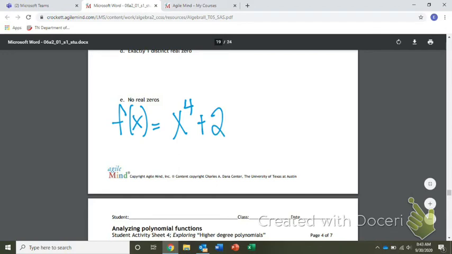It has 4 zeros, but, or not 4 zeros, it's a 4th degree polynomial, because it has 4 x's, but if you were to graph that, you would see it has no real zeros, so it does not cross the x-axis where you can actually see it, okay? Cannot actually see it.